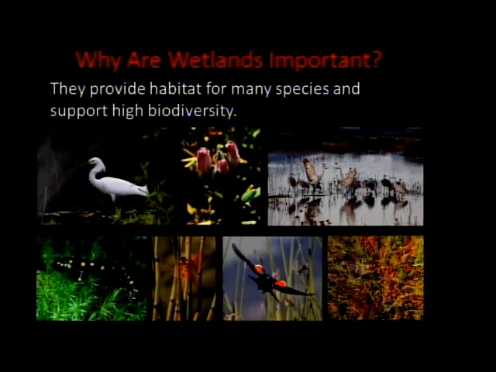Wetlands are important because they provide many ecosystem services of importance to humans. For example, wetlands provide habitat for many species, including many threatened and endangered species, and typically support high biodiversity. There are many different wetland types, with each inhabited by a different complex of species.